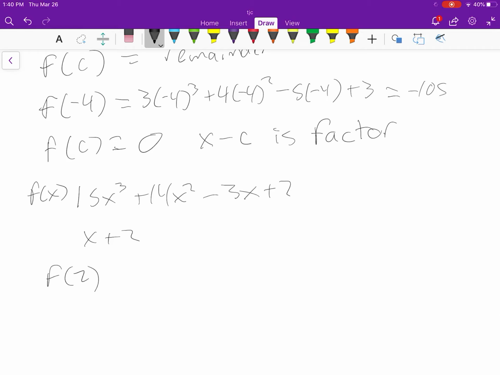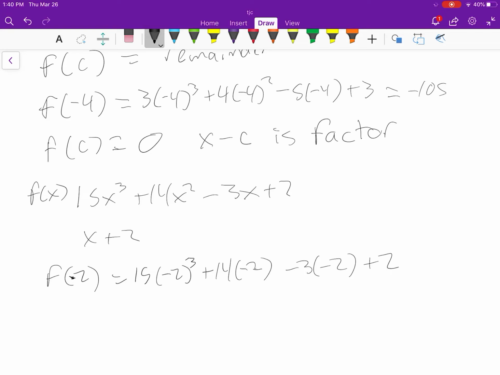Instead of doing long division to see if it divides out evenly, we plug in, well, it should be negative 2 here, my bad. It's always the opposite sign, f of negative 2. So we do 15 times negative 2 cubed plus 14 times negative 2 minus 3 times negative 2 plus 2.